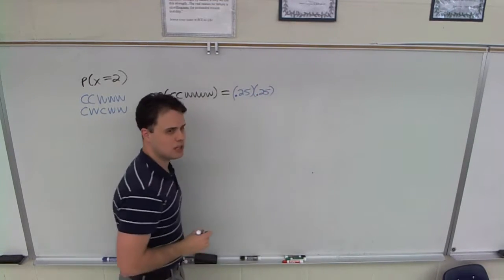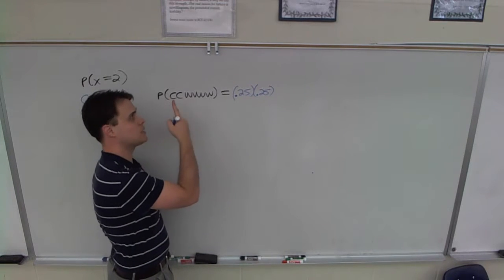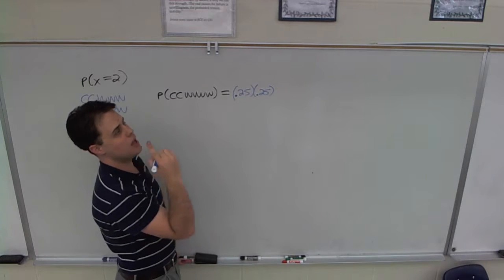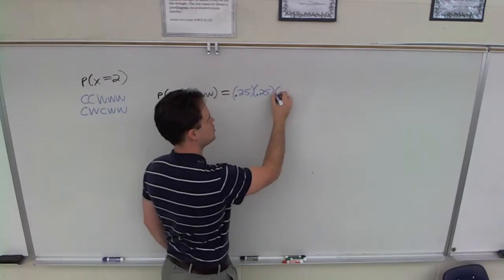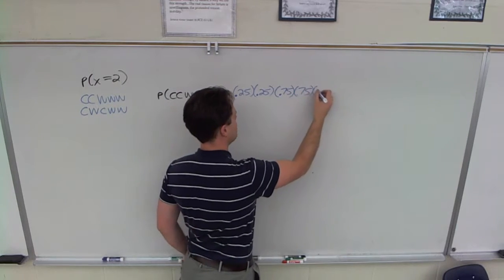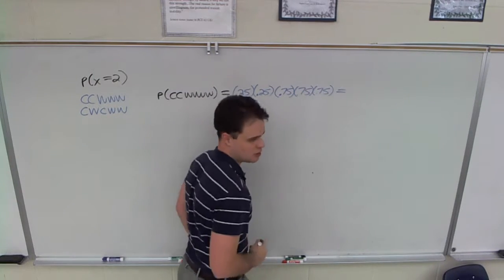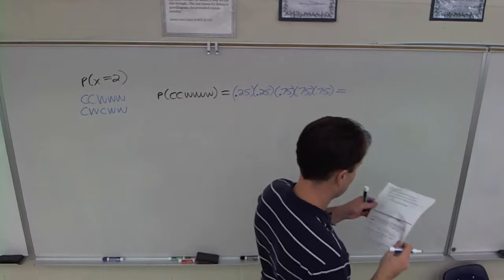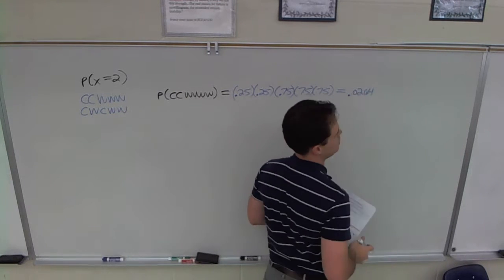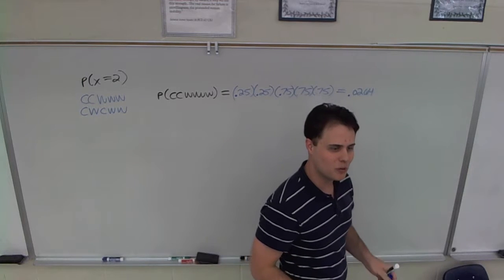I'm multiplying because it's the probability of getting the first one correct and the second one correct and the next one wrong, which is 0.75, and the next one wrong and the next one wrong. So that's going to end up being a 0.0264 chance. But there's more than one way for that to happen.